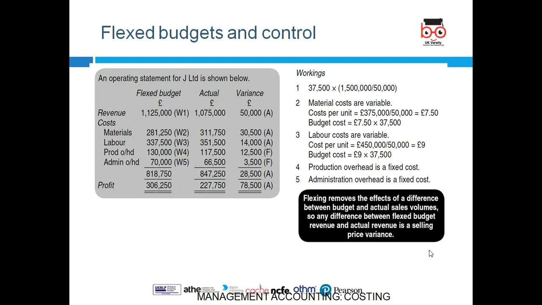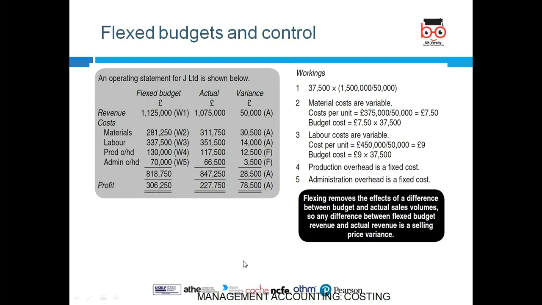If activity levels increase or decrease, our budget needs to be increased or decreased accordingly. Our sales will increase, our material cost will also increase, but we need to see how much it increased.